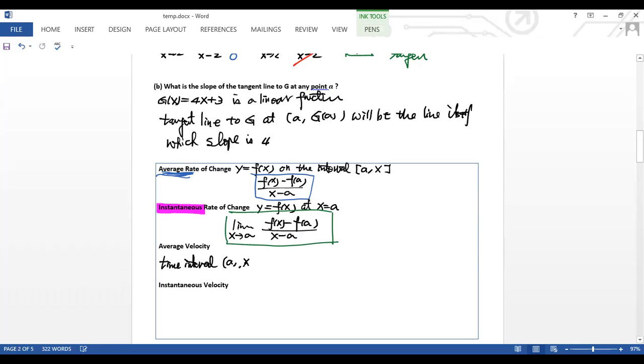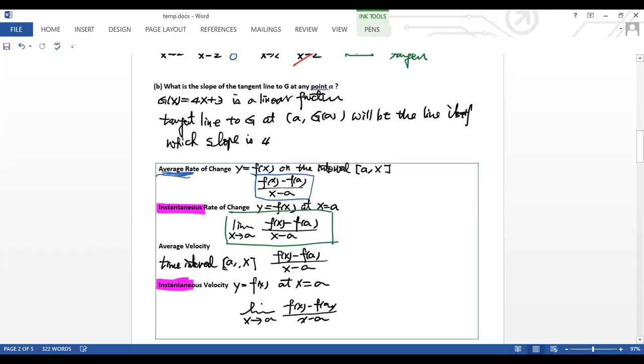The average velocity is just like we did before: f of x minus f of a over x minus a. Then, very important, the instantaneous velocity at any specific moment, at x equals a, of y equals f of x is the limit as x approaches a of f of x minus f of a over x minus a.